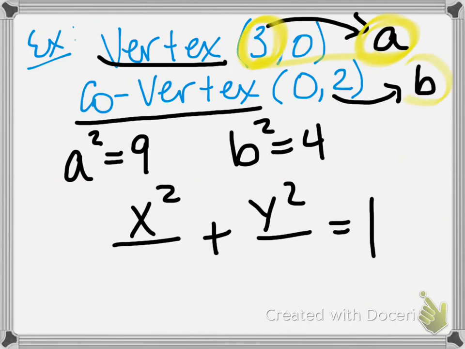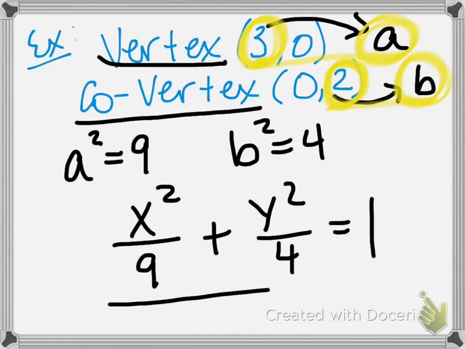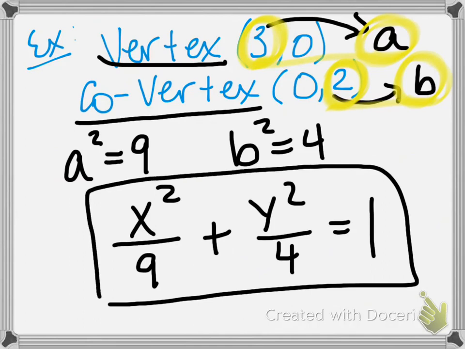And when you look at the b, this number is in the y position of the coordinates. So a goes with x, so that means 9 goes with x squared, and b goes with y, so that means 4 goes with y squared, and just like that, I've written the equation. It's just that simple, not so bad.